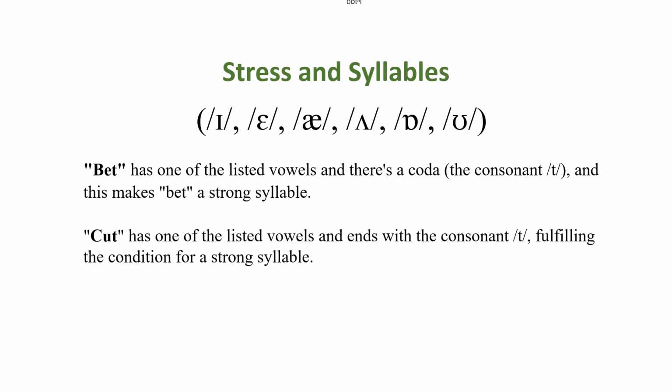Cut has one of the listed vowels and ends with the consonant, fulfilling the condition for a strong syllable. The key point is that these vowel sounds cannot occur in isolation without a consonant at the end. They require a consonant coda to form a strong syllable. Without this coda, the syllable wouldn't fit the definition of strong under the given conditions.